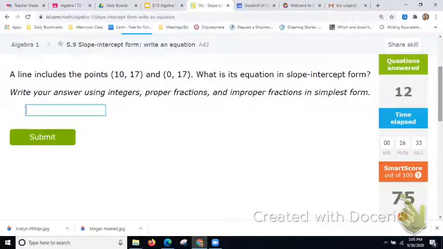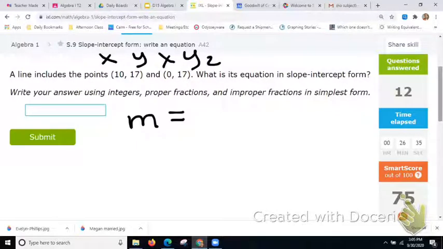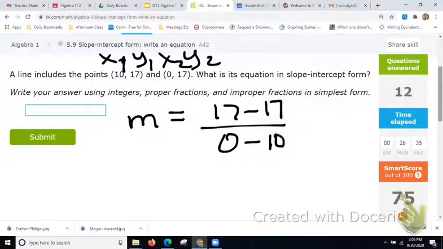So this one I would have to do the same thing. I'd have to find my m, so I'm subtracting the y's on the top. So 17 subtract 17, and 0 subtract 10. 17 subtract 17 is 0. 0 divided by anything is 0.